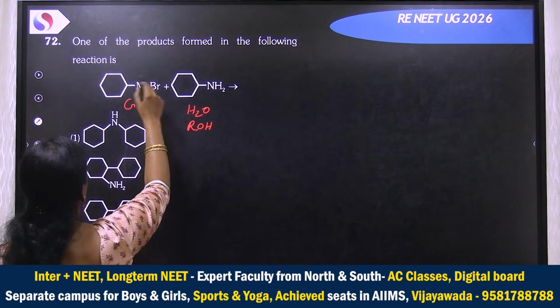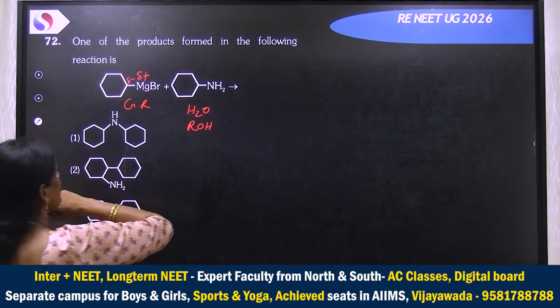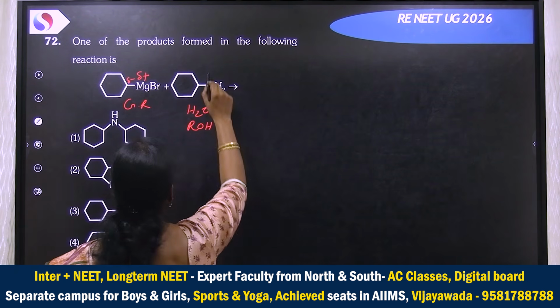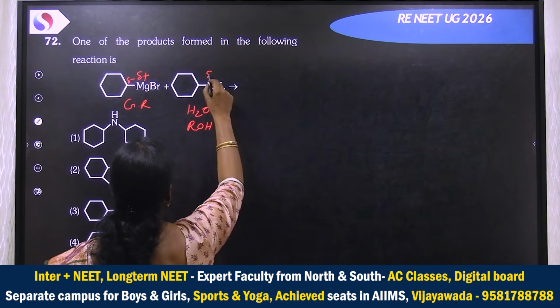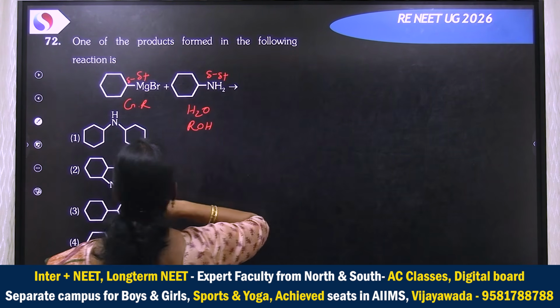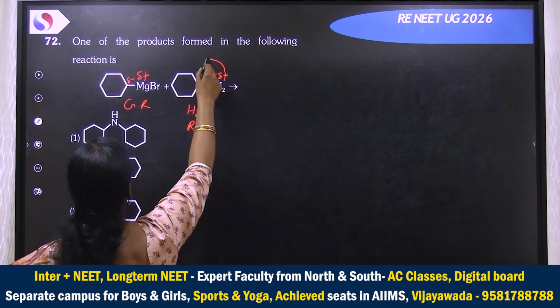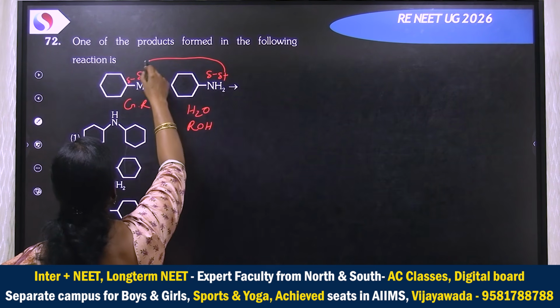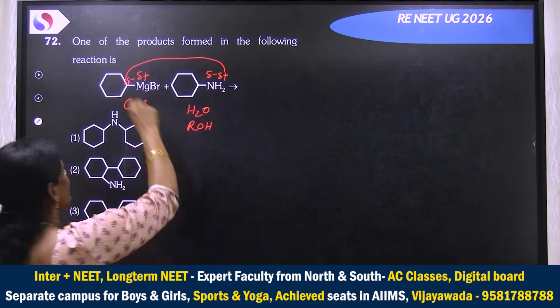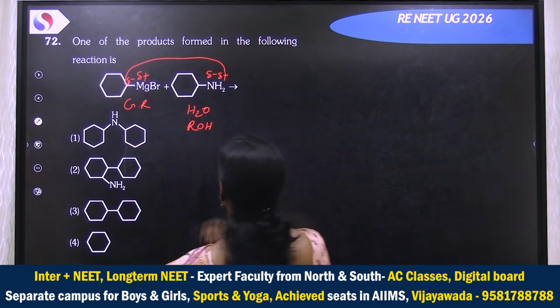So in this Grignard reagent, magnesium has partial positive charge and this carbon gets partial negative charge. And in this, nitrogen gets partial negative charge, hydrogen partial positive charge. Therefore, hydrogen of this proton donating compound attacks this carbon of Grignard reagent. So hydrocarbons are formed.